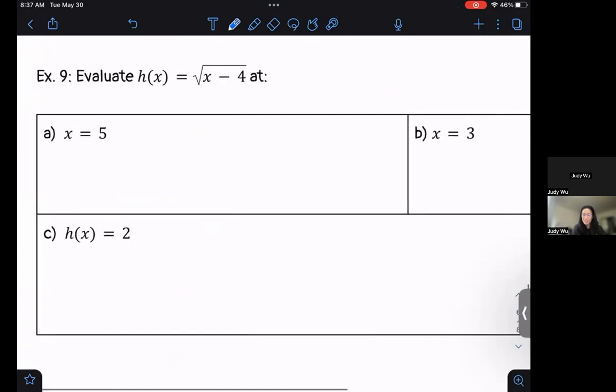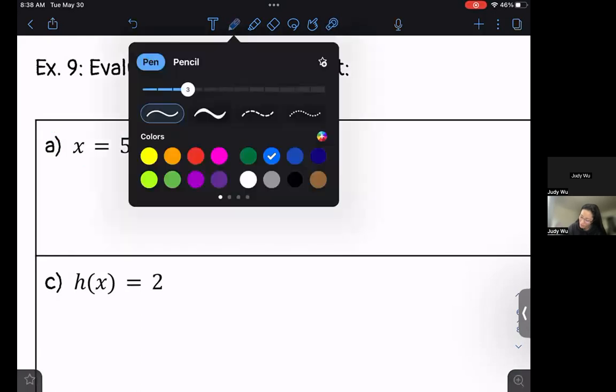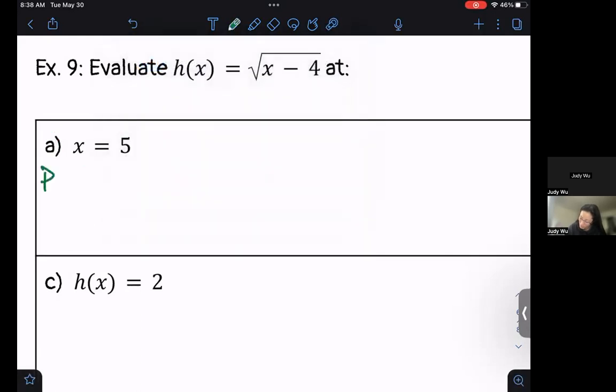All right. Number 9, evaluate h of x equals the square root of x minus 4. Yes, we're going to throw in some square roots and just see what happens. When it says x equals 5, all that means is we plug in 5 for x. Everywhere I see an x, I'm going to put a 5.